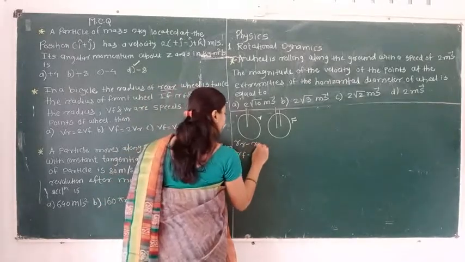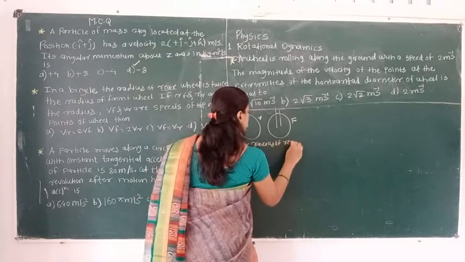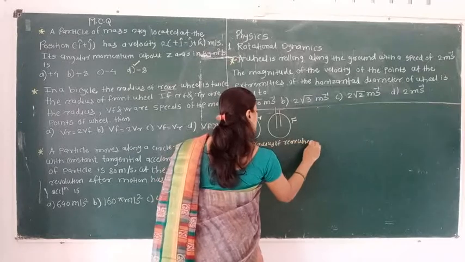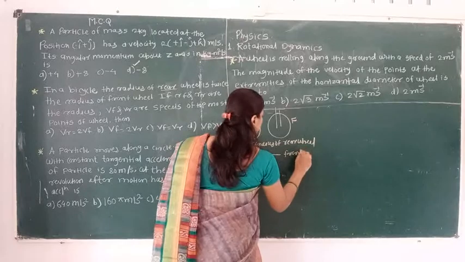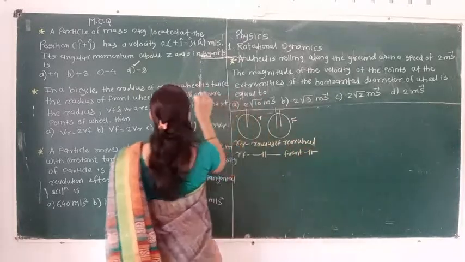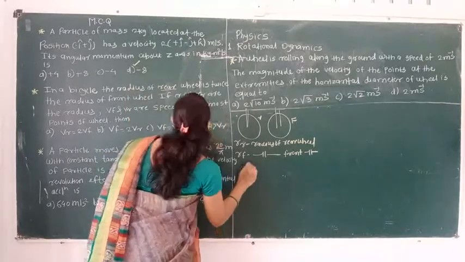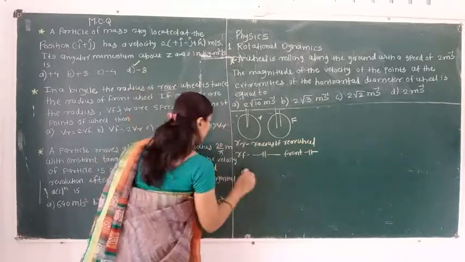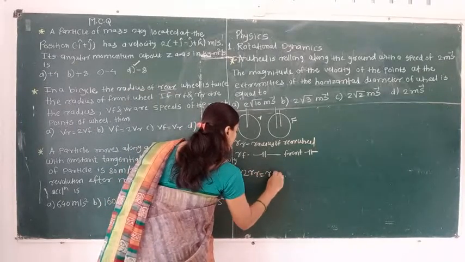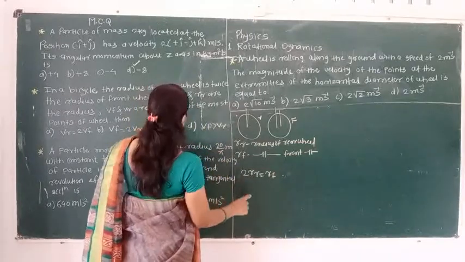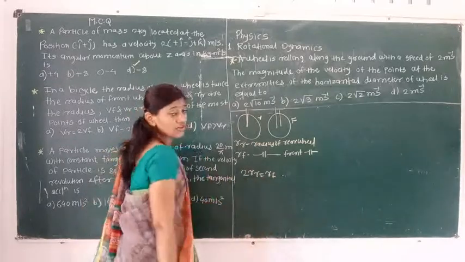So the radius of the rear wheel is twice the radius of the front wheel. See here, the radius of the rear backside wheel is double the radius of the front wheel.